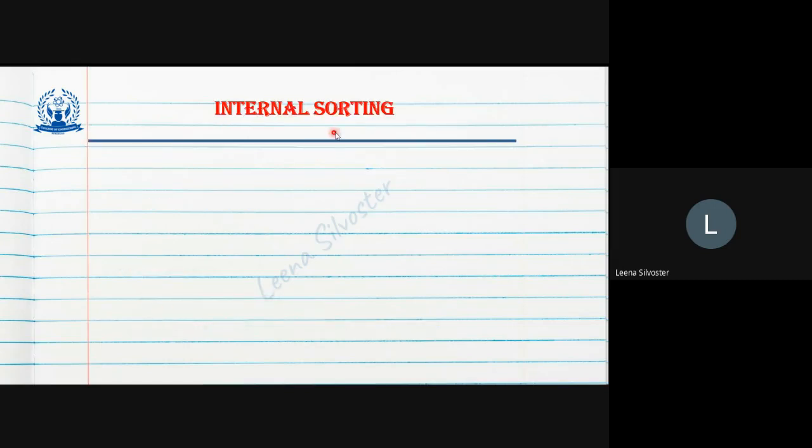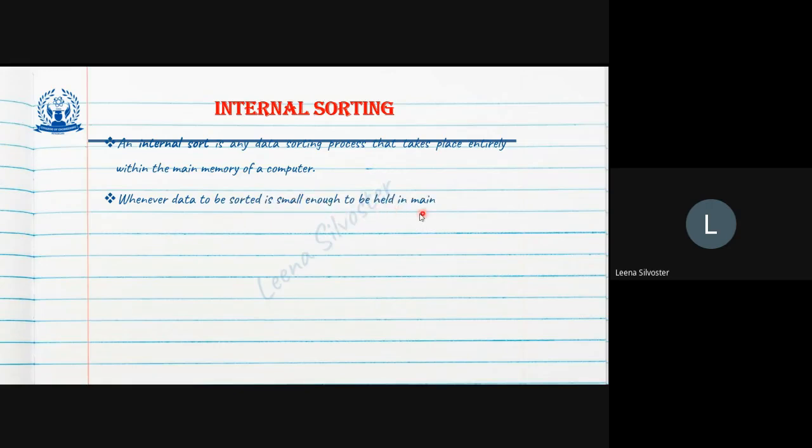So we are going to study internal sorting. An internal sort is any data sorting process that takes place entirely within the main memory of a computer. Whenever the data to be sorted is small enough to be held in main memory, the data set must be small.